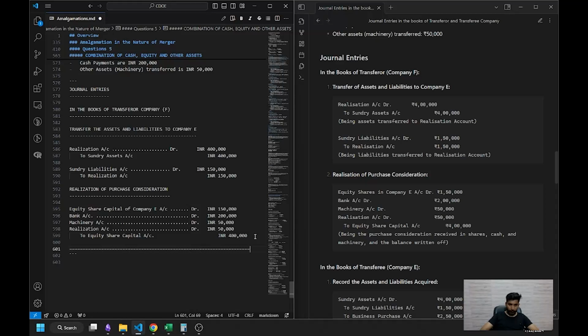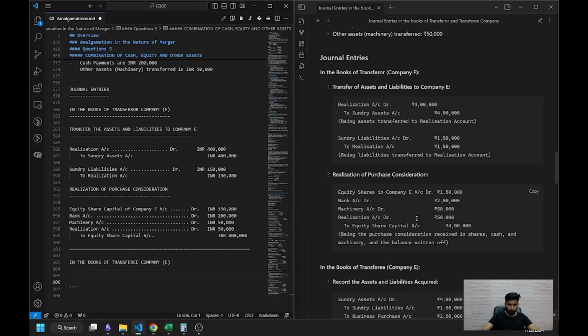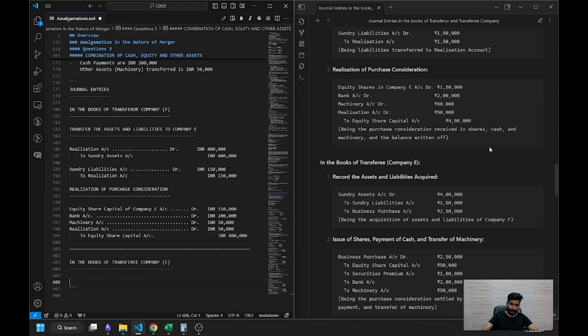Now, if we move ahead and talk further, we need to do it in the books of the transferee company. Now, who's the transferee company? The transferee company is E. Firstly, we will record the assets and the liabilities acquired.